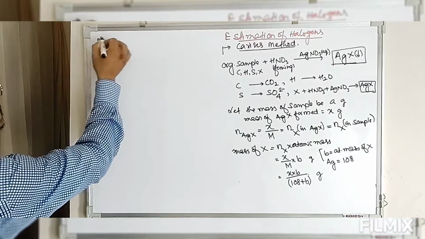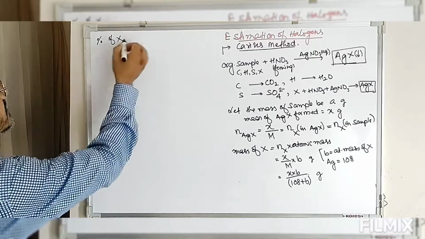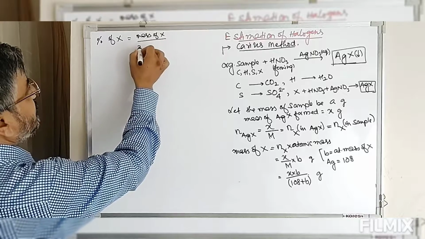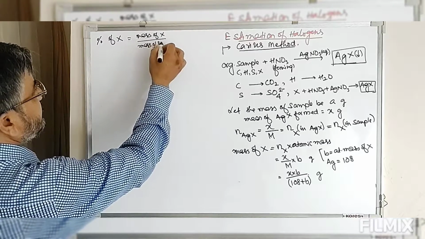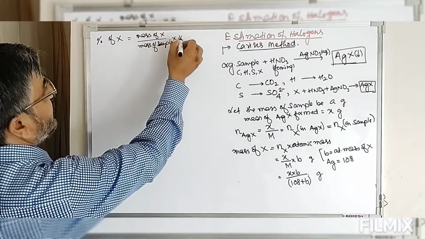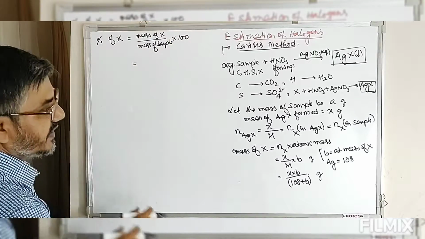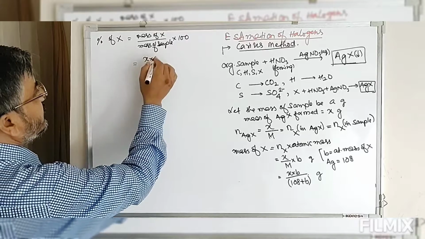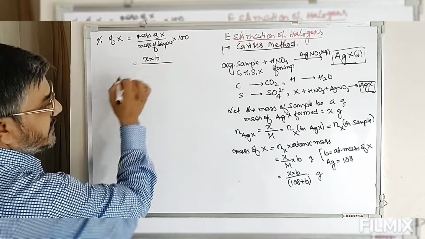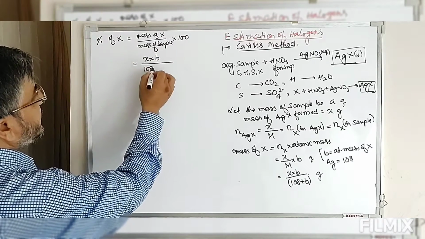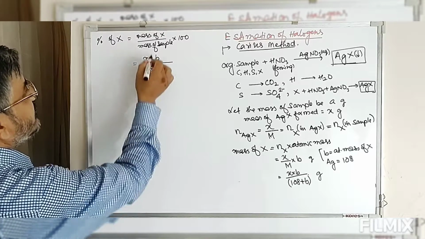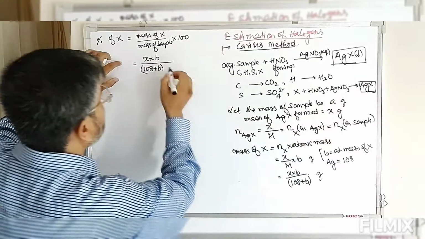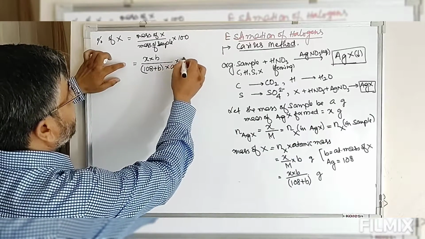So therefore the percentage of X in the given sample is equal to the mass of X divided by the mass of sample into 100. So we have this mass of X, that is x into B divided by 108 plus B. This is the mass of X, divided by the mass of sample, which is given as A, multiplied by 100.